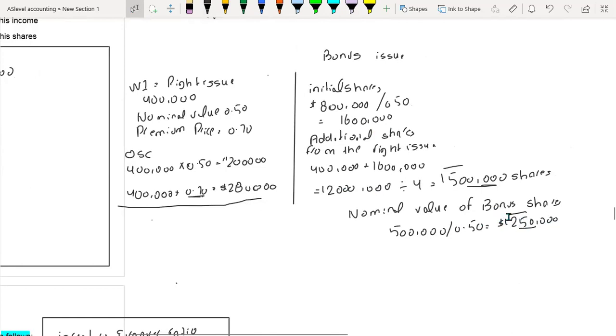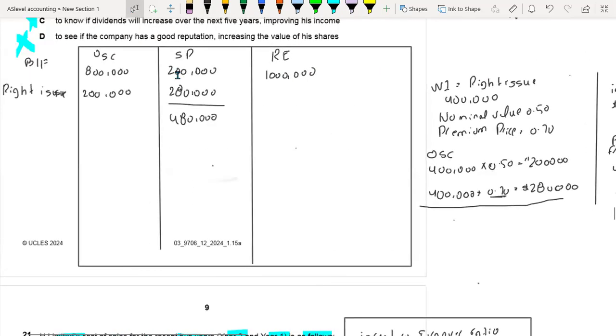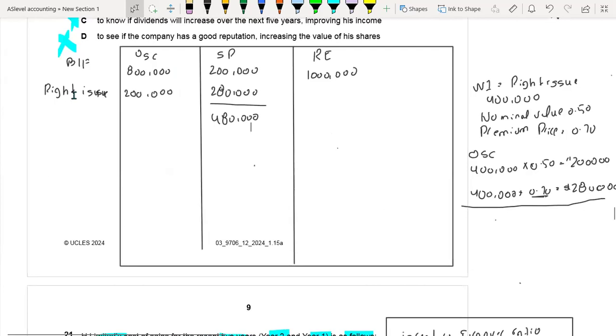But somewhere we have to bring this $250,000 from. So how can we bring this money into the business? Basically we will be using our reserves, our revenue reserve, and we will be reducing it from the share premium. So our share premium is 480,000.